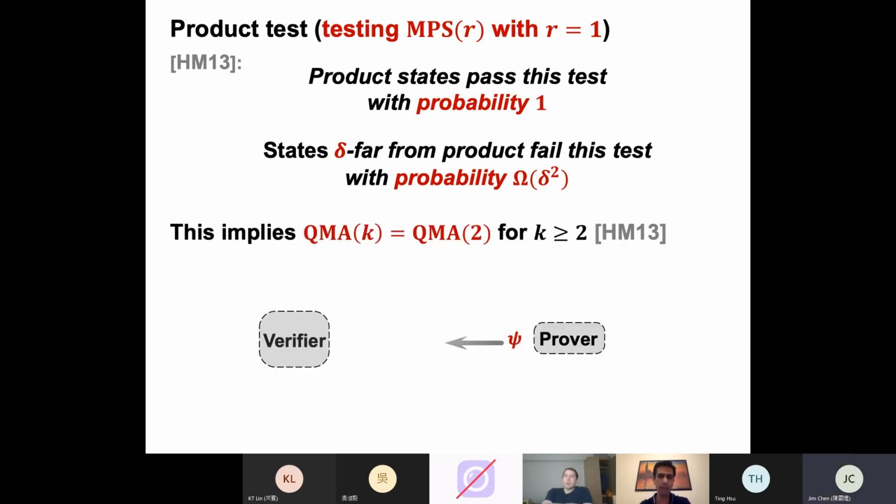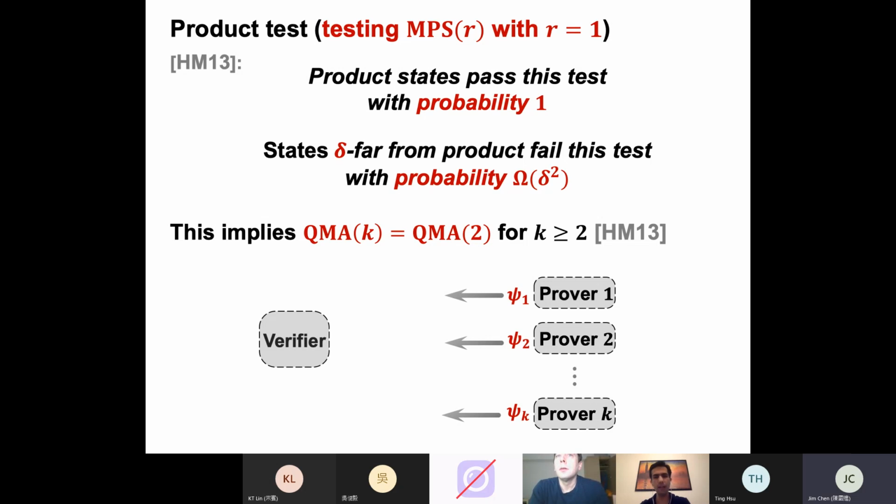So a very interesting application of the product test is also given by Harrow and Montanaro, who show that the complexity classes QMA(k) and QMA(2) are equivalent for k greater than or equal to 2. So what are these classes? QMA(1), or QMA, is the class of problems solvable by a quantum polynomial time verifier with the help of a prover who sends an entangled state psi as the witness.